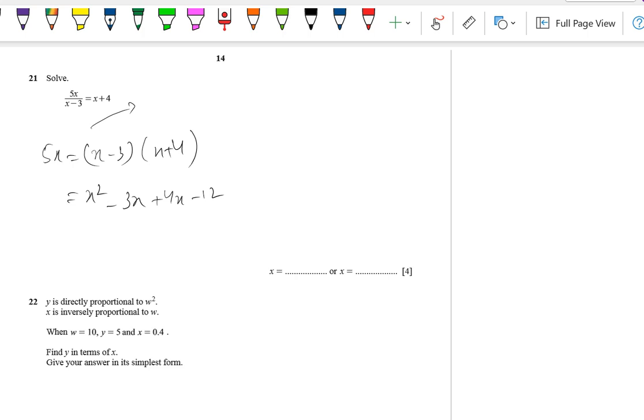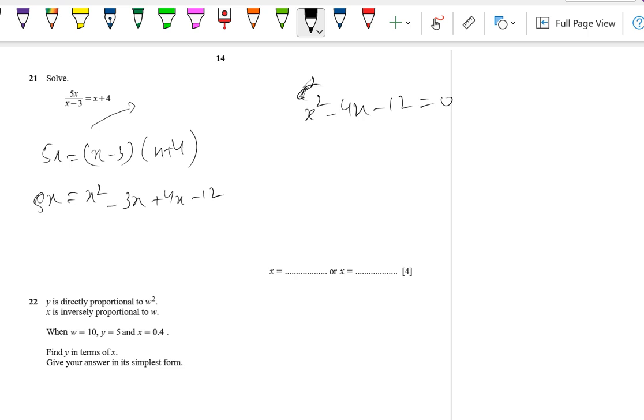And this time we need to solve it. So x square, sorry, this is 5x. So x square minus 4x minus 12 is equal to 0.